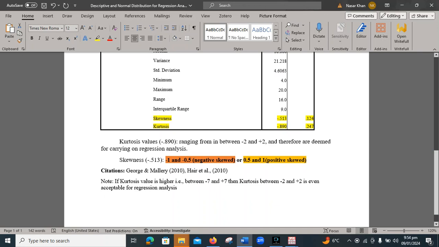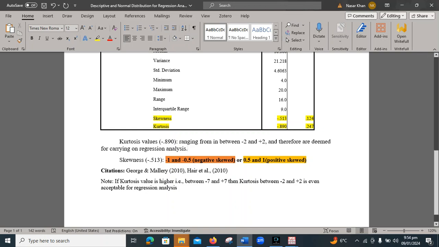The kurtosis value, you can see it here, is minus 0.890. So usually it ranges from -2 to +2. Now this value lies between -2 and +2. It is minus 0.890. This shows that your data is normally distributed and you can carry on the regression analysis.